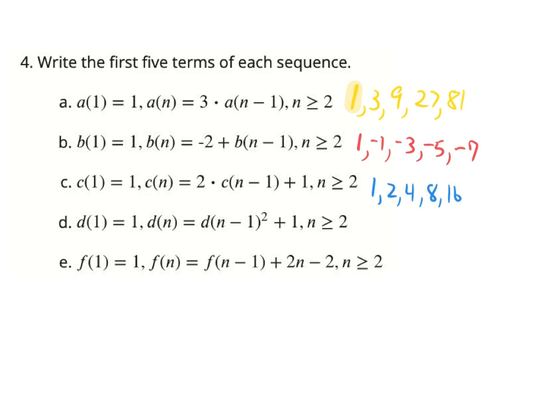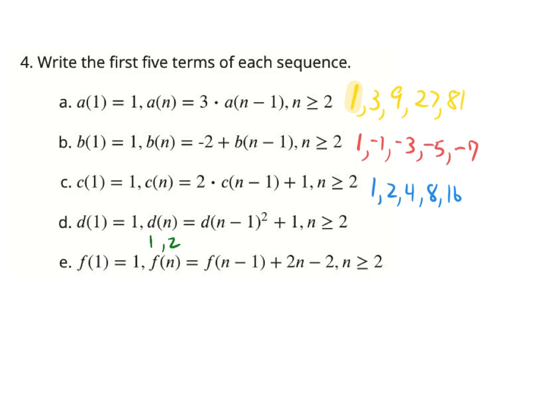The next one is 1, the previous term squared, the output of the previous term squared plus 1. Okay, so 1 and then 2. 2 minus 1, the output of the first term is 1, squared is 1, plus 1 is 2.